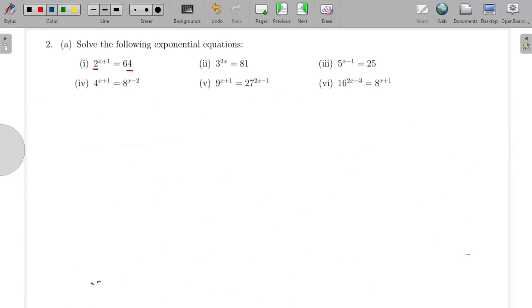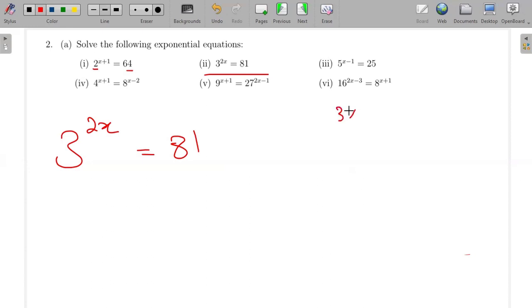So now let's look at B. Question 2, I mean this one. So there we have 3 to the power 2x is equal to 81. So we know that we can express 81 as 3 raised to some power.